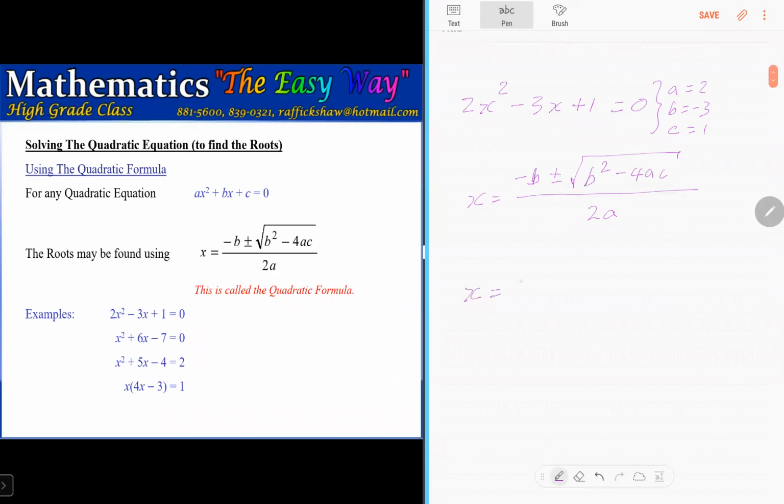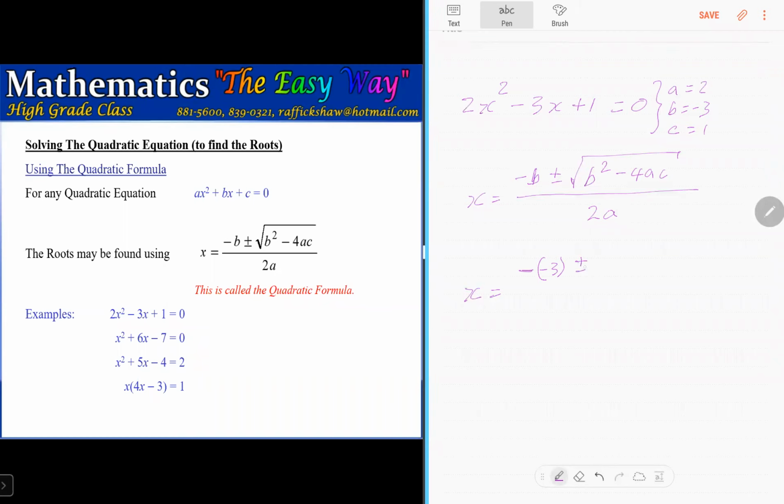So x equals, watch me now, minus, that is this minus, and then b itself is -3. So it's minus -3, just like the minus b over 2a that we did.